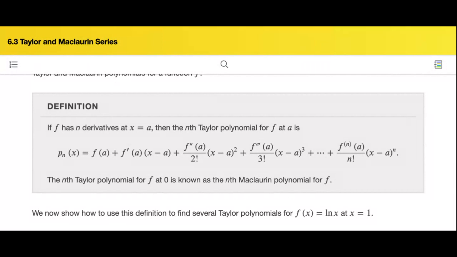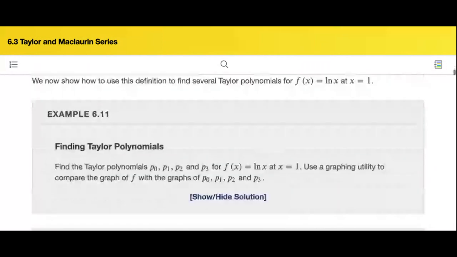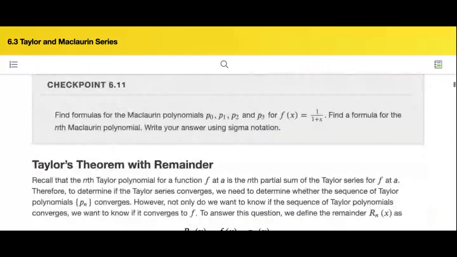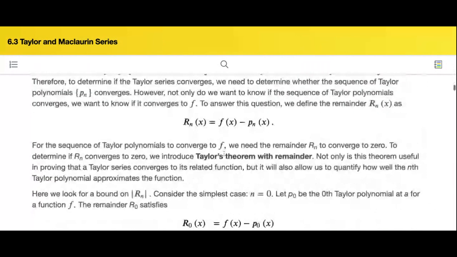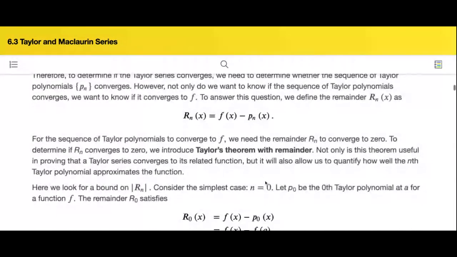For certain functions, especially convergent ones, that remainder will go to 0 as n goes to infinity. So we just call it R_n. For a convergent series, R_n will go to 0.